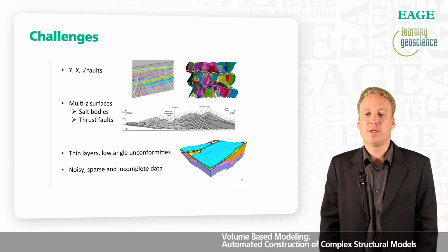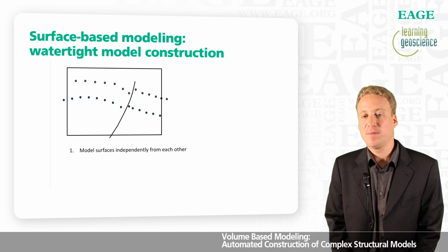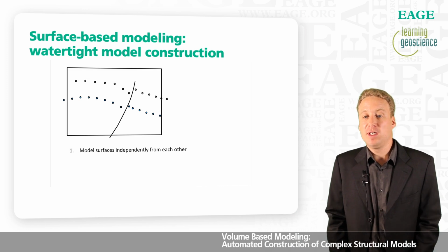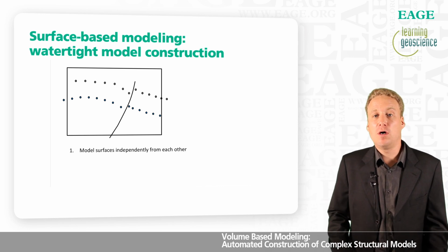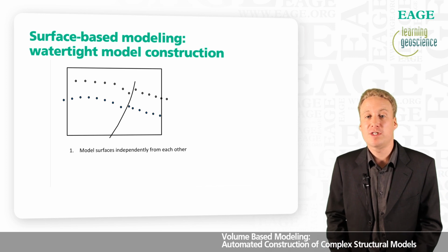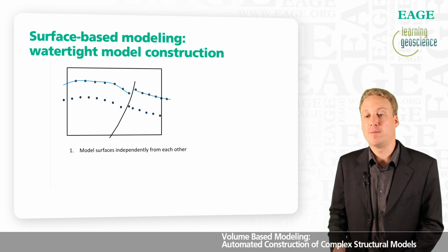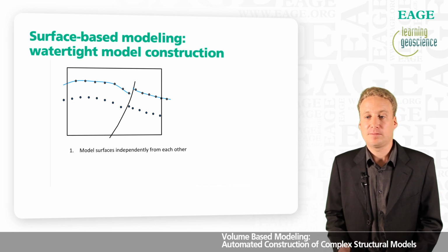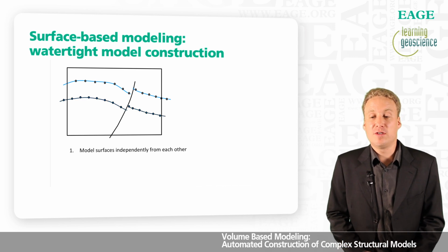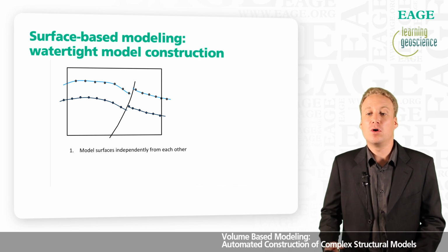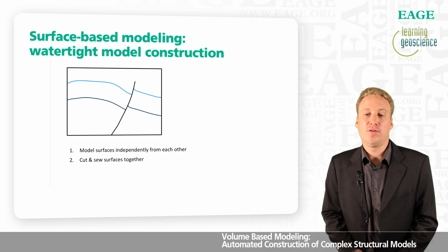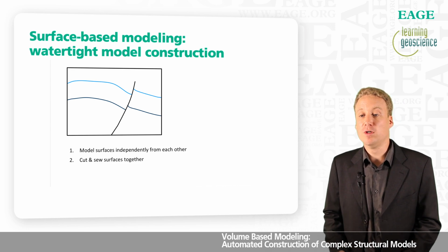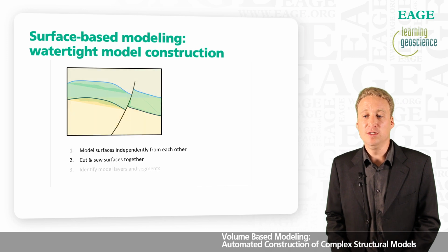Let's go back now to the surface-based modeling techniques. The way surface-based modeling techniques work, in general, is by modeling horizon surfaces independently from each other, or when there is a dependency, the dependency is expressed in the form of an isopack or an isocore map. Then these horizon surfaces are extended towards the faults or cut by the faults in order to remove the pieces that would not fit into the boundary representation.